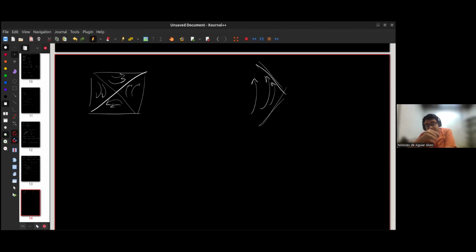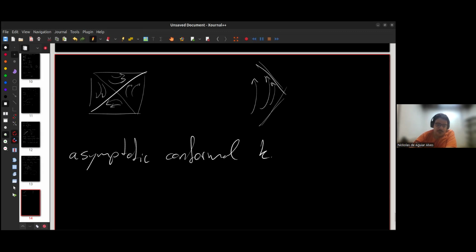So infinity is, in a sense, a limiting notion of a Killing horizon. When I take the limit in which I'm pushing this time translation vector field to infinity, it behaves exactly as a Killing horizon would. And in this sense, I can think of infinity as what I like to call an asymptotic conformal Killing horizon. Now, what these words mean is Killing horizon means this invariant under some sort of symmetry.